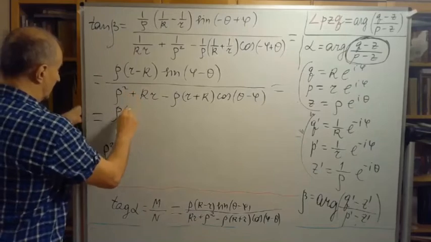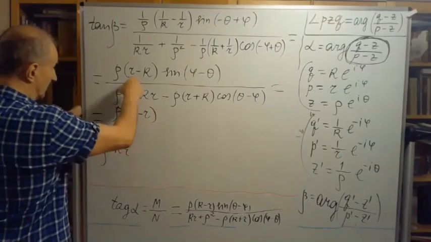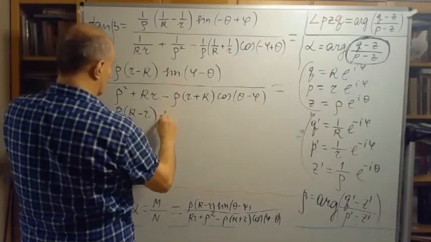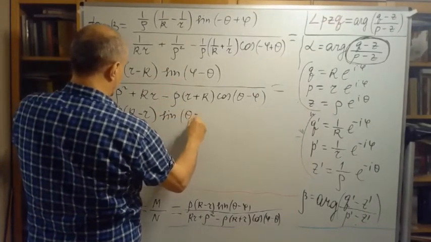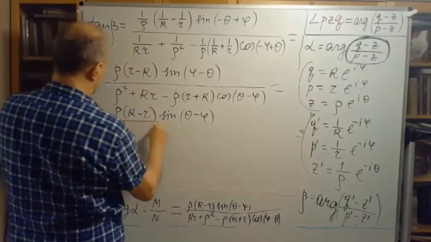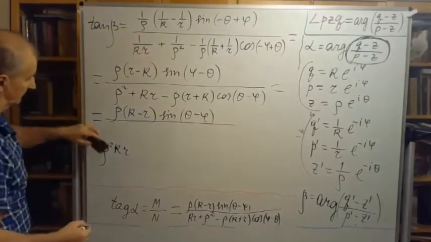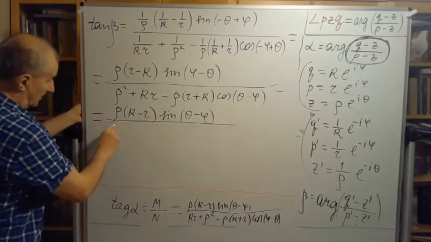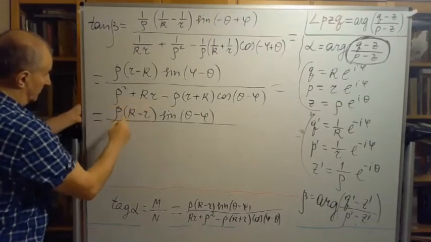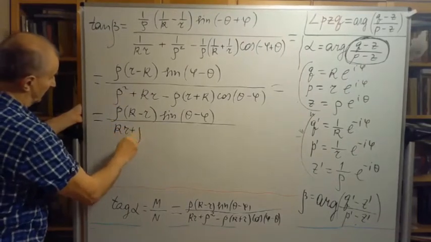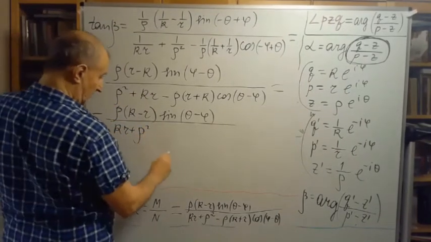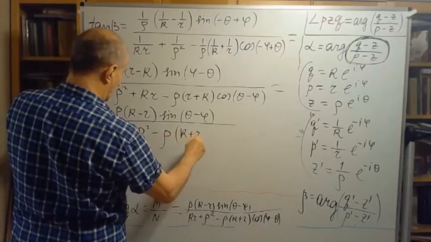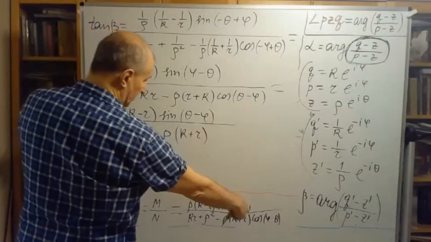So I can just write r minus r, so I multiply it by -1, and I multiply this sign by -1, so I will get sine of theta minus phi divided by r plus rho squared minus rho r plus r and cosine theta minus phi.